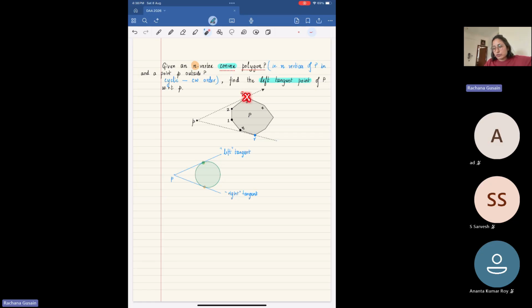There is something special about 3, some special property which does not hold with respect to any other point in this convex polygon. It is the topmost point. It need not be the topmost point. For instance, I could have my polygon like this. Still, it would have been a convex polygon, but this need not be the topmost point.